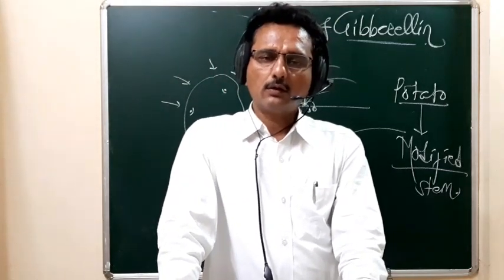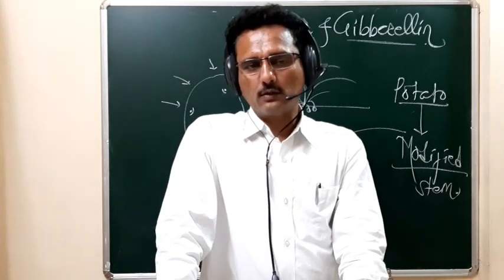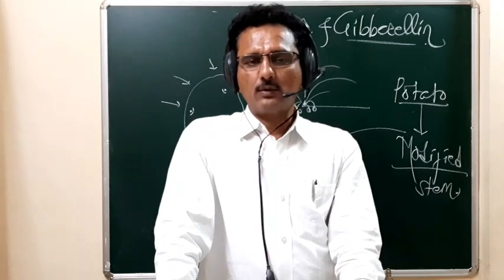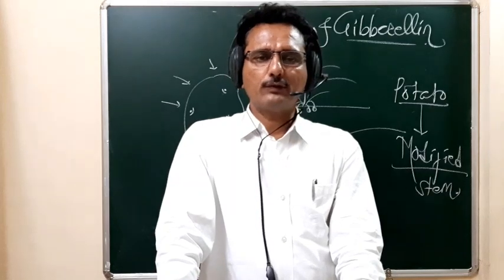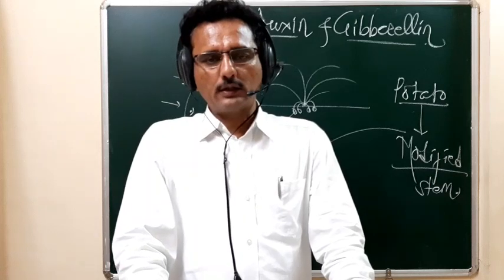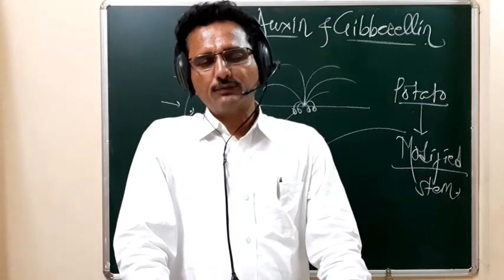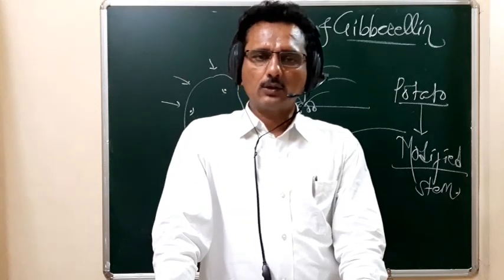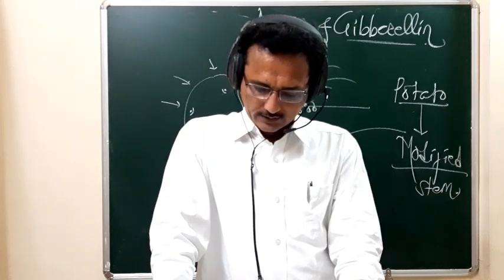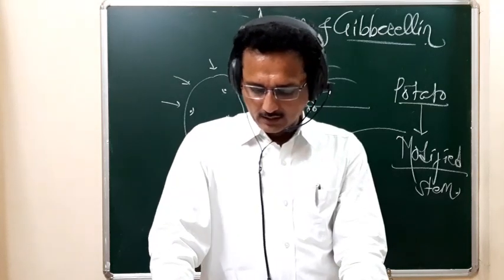When we apply auxin to cucumber, it develops female flowers, and when the number of female flowers increases on the plant, automatically the yield of that crop plant increases, because the female flower takes part in the development of the cucumber fruit.